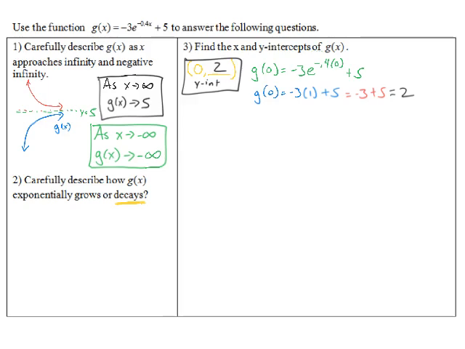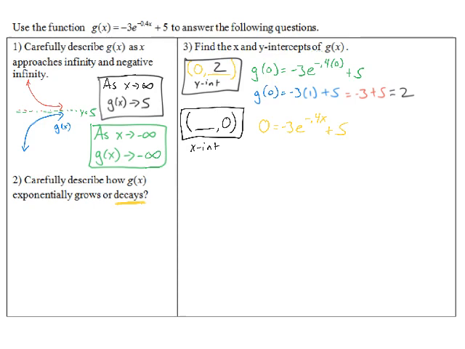Next, we want to find the x-intercept. To find an x-intercept, we want to find the x value when y is 0. So we're going to put y is 0. So 0 equals -3e to the -0.4x plus 5.